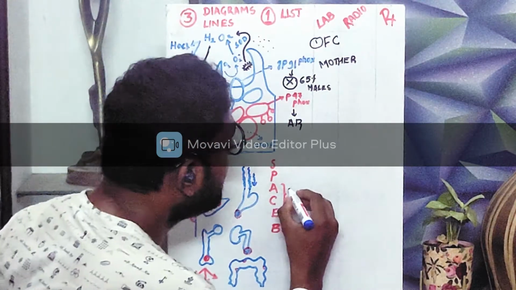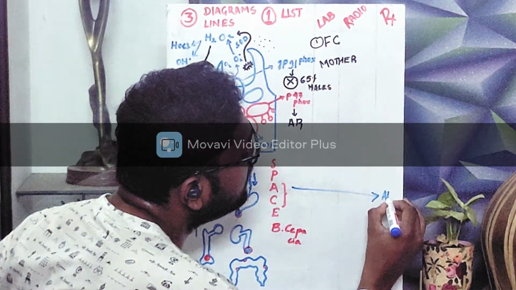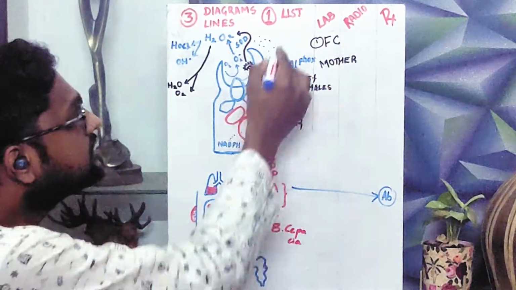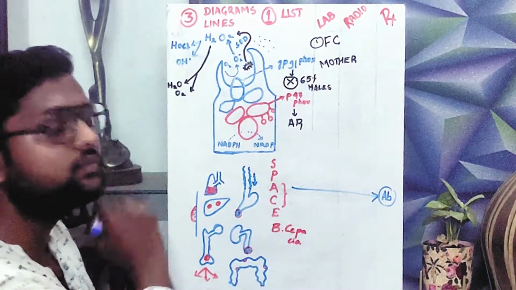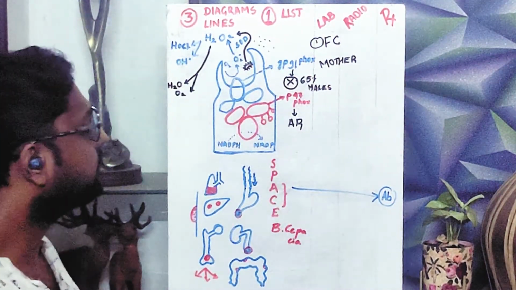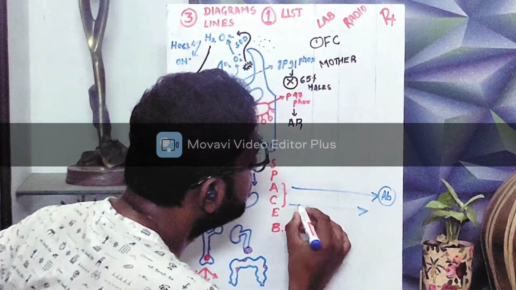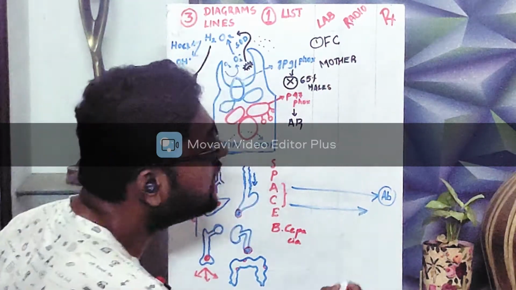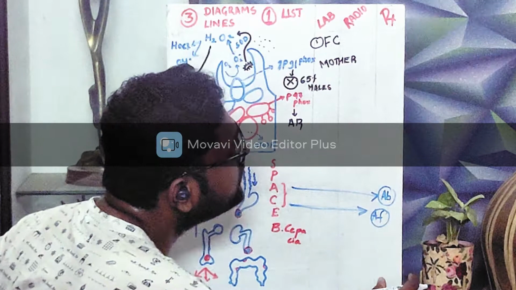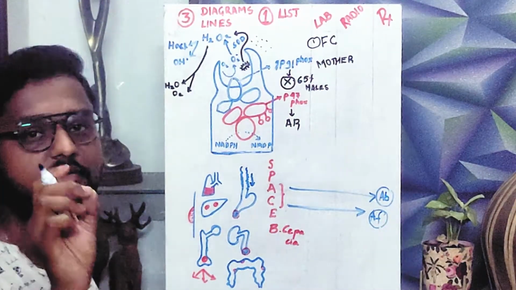The treatment part is antibiotics. Now, from the list, we know that there are two fungal infections that can happen. Now, that is exactly why antifungal treatment should also be started in those patients who are not responding to antibiotics as expected.